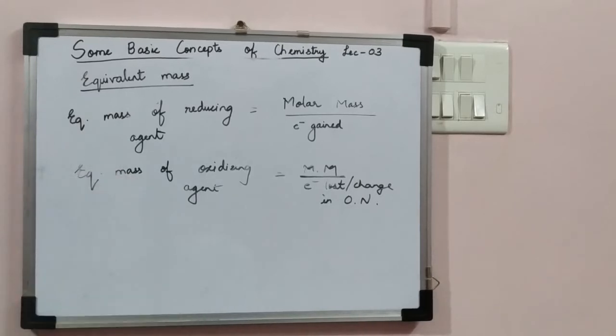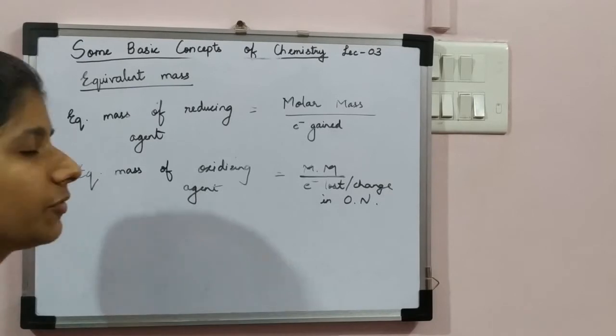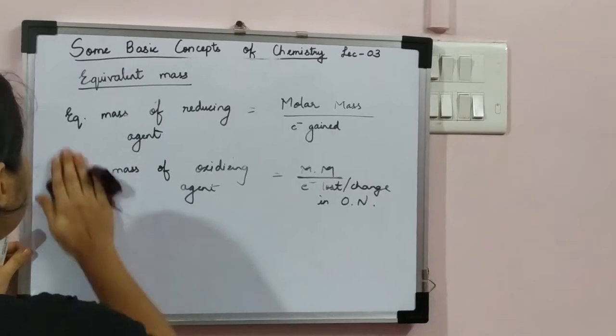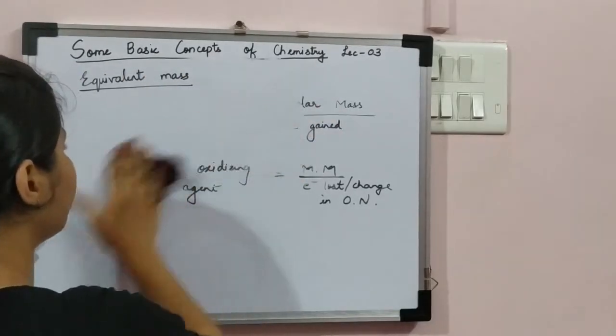So I can give you an example for this. We'll take a reaction of KMnO4. Now KMnO4 reacts in different ways in different conditions. In acidic, basic and neutral conditions, the reaction of KMnO4 is different.